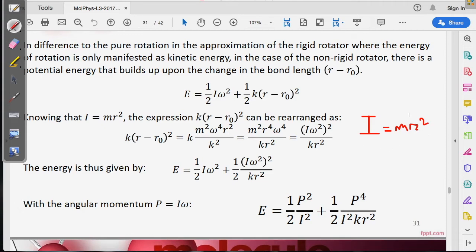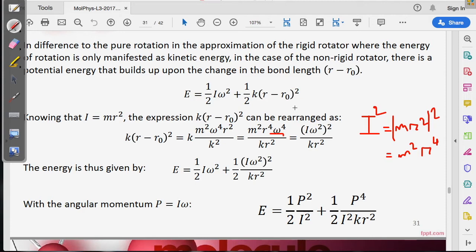So what we did, this squared is nothing else than m squared r to the fourth. So we had the m squared, we multiplied by r squared so that we get the r to the fourth, so we can write I squared, and then the r squared multiplied in the numerator, we multiplied it down in the denominator. So now we have I squared and omega squared to have omega to the fourth. For those who did not see it like this, just write it down and you will find it's extremely easy.